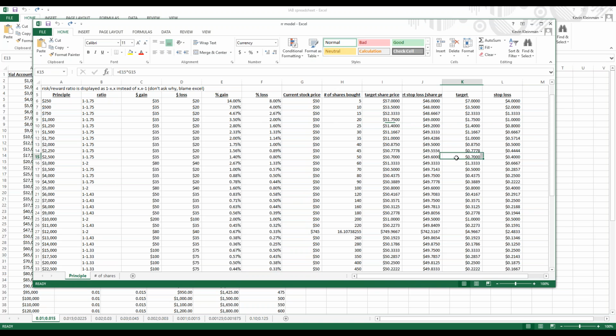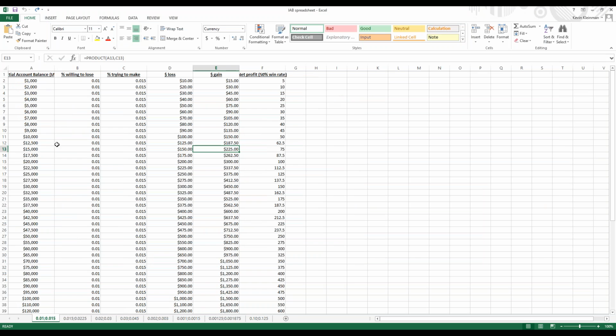So if we say that from our initial account balance on our $10,000 account, we don't want to lose more than $100 on each trade, and we're going to try and make $150 on each trade.